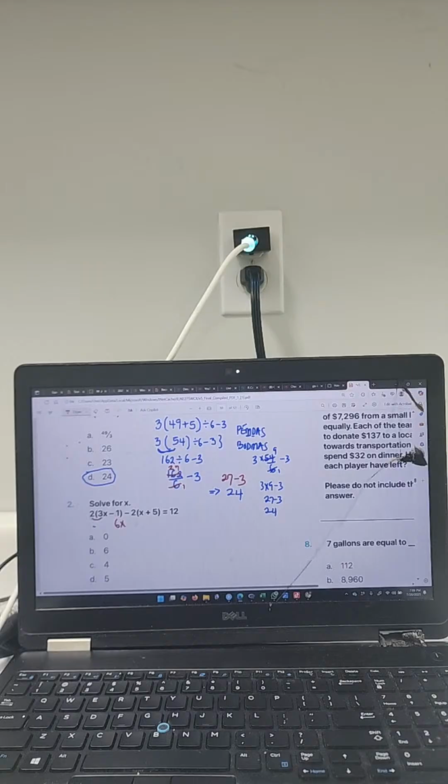Then 2 times negative 1. Plus times minus is going to be negative, so 2 times 1 is still going to be 2. You are done with this first. Then you apply the same approach to distribute 2 here. So here we have negative 2 multiplying x. This is going to be negative 2x.